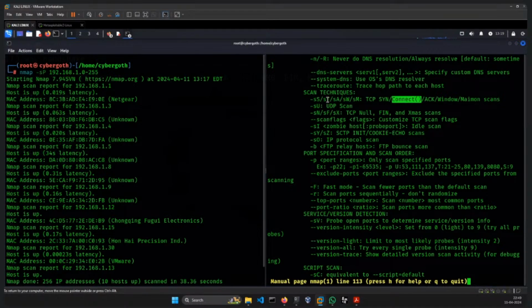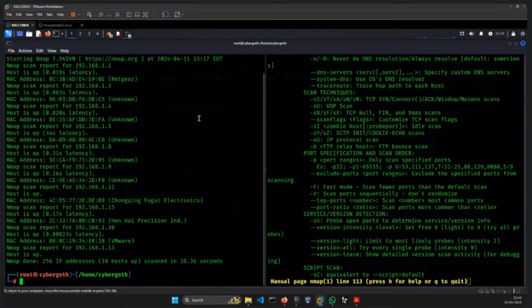Then A is for acknowledgement, W is for window, and M is for Maimon scan. Here we only used -sP, that is for ping scan, where P represents the ICMP ping scan. Now what we will do is nmap -sS -P0 and we will provide our range.